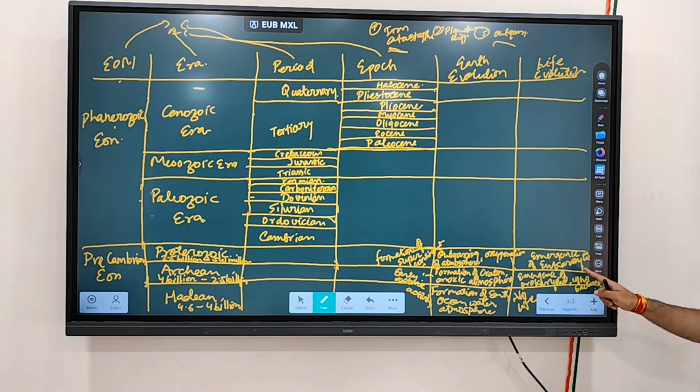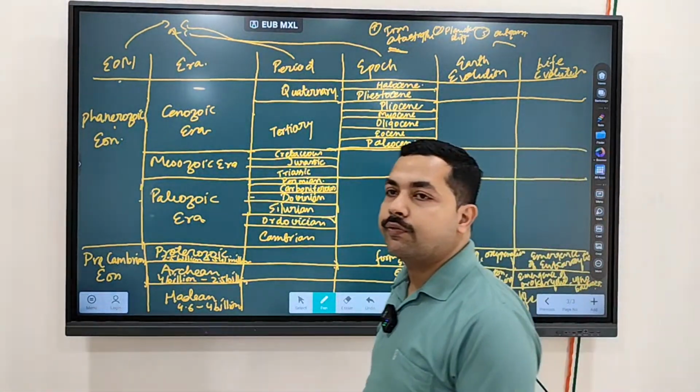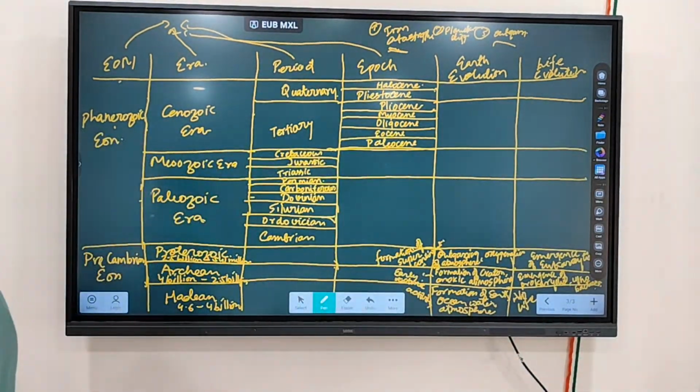Archean phase. And the emergence of eukaryotes you are seeing in the Proterozoic phase. Clear? What is prokaryotes and what is eukaryotes?